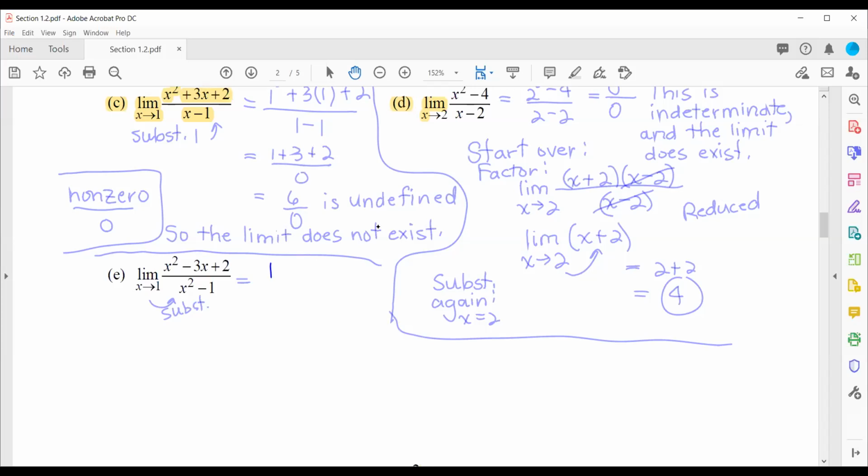The 1 squared minus 3 times 1 plus 2 over 1 squared minus 1. So that's 0 over 0, another 0 divided by 0. And again, this is indeterminate. The limit exists.